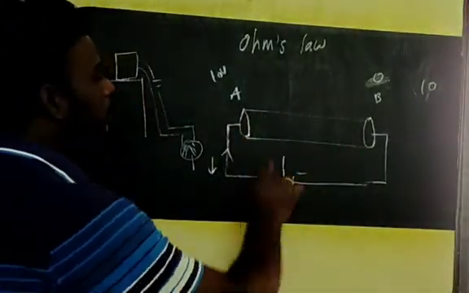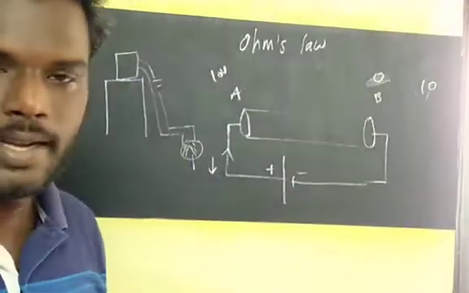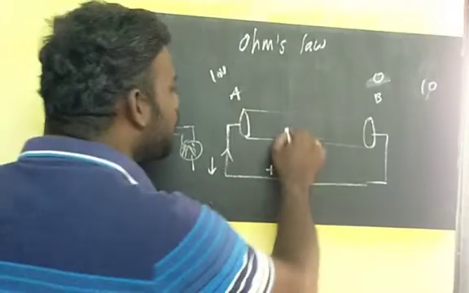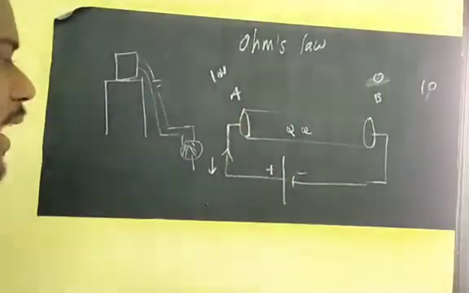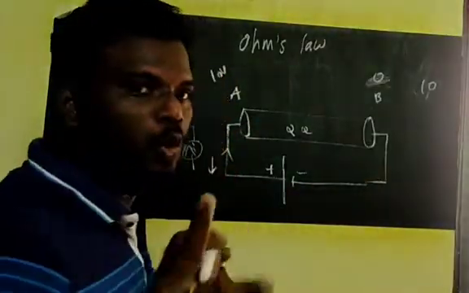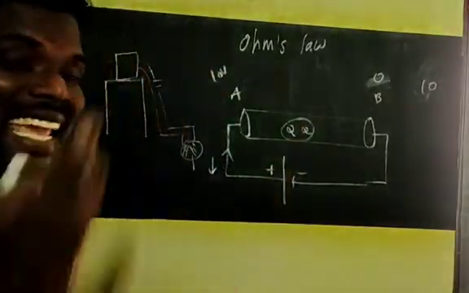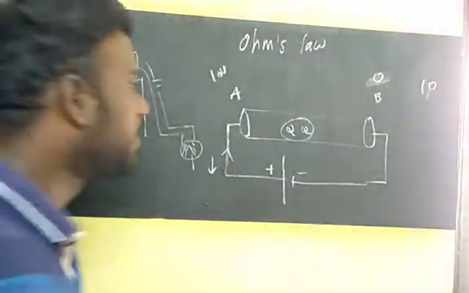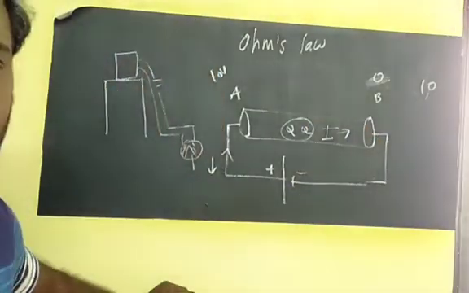Now we are going to increase the potential difference across the two ends of the conductor. Then what about the flow of charges in the conductor? When you increase the potential difference across the two ends of the conductor, the rate of flow of charges will increase, and because of that, the current in the conductor also will increase.